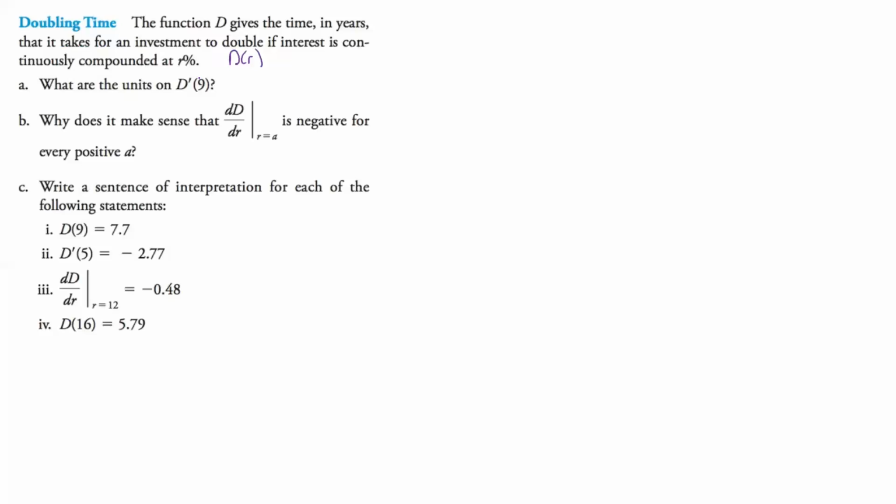All right. Well, what are our output units? Well, our output units are going to be basically years, the time it takes to double. And what is the denominator? What's the input? Well, we're inputting the rate. So it's going to be years per percent.